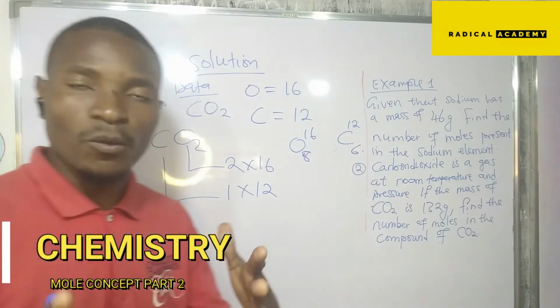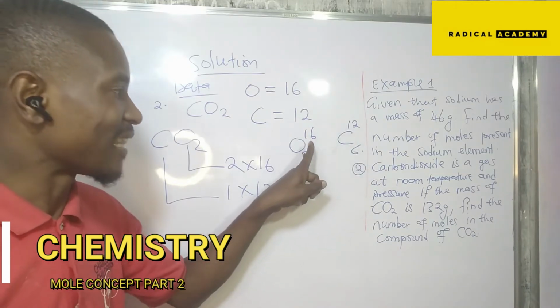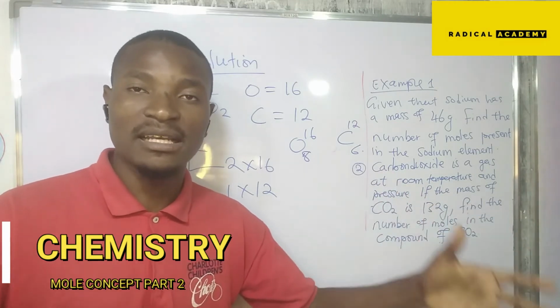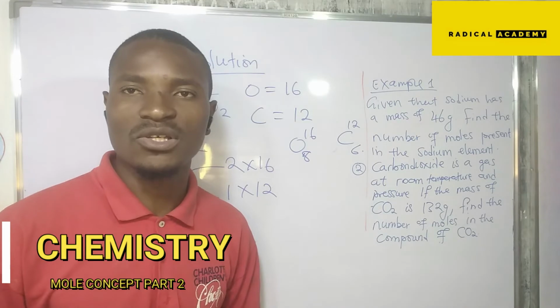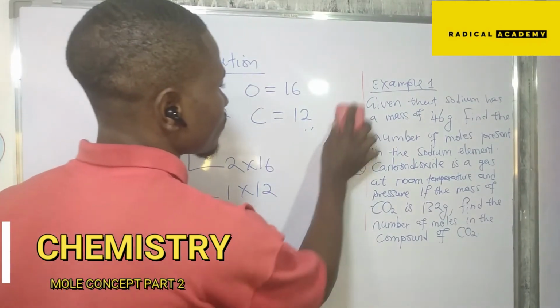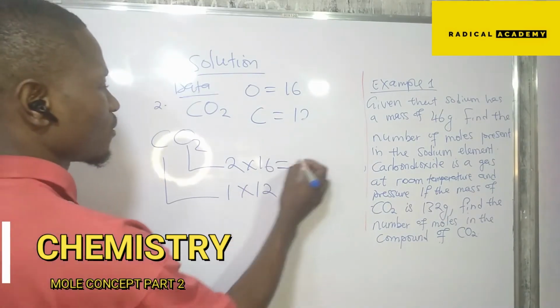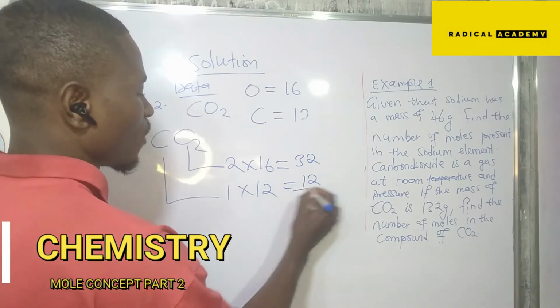When you go on the periodic table, this is how carbon is written, and this is also how oxygen is written. So make sure you really understand that the periodic table is the key in the fundamentals of chemistry. From there, this is going to give us 32, this is going to give us 12.